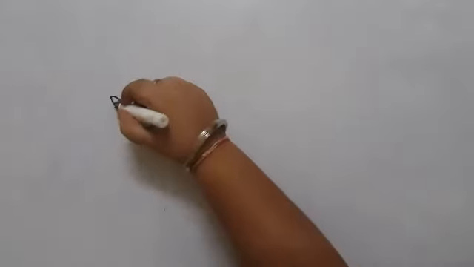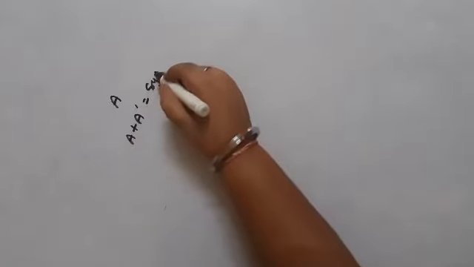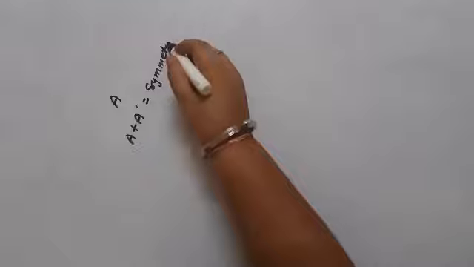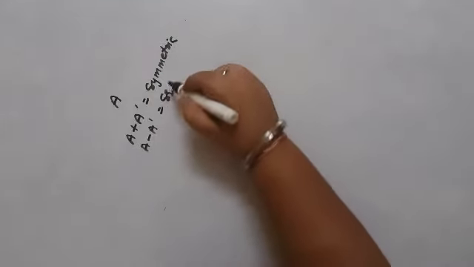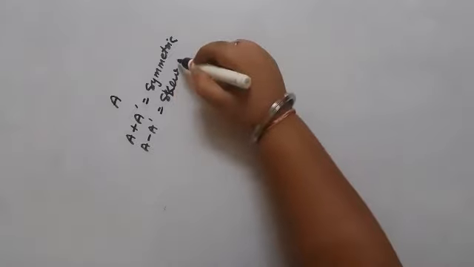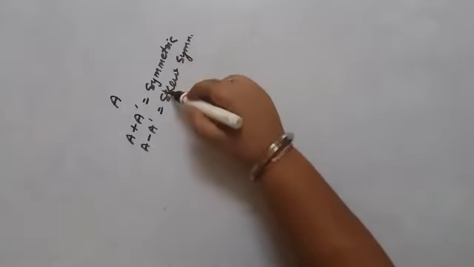We have to prove that. Let A be a square matrix; then A plus A' is symmetric and A minus A' is skew symmetric.